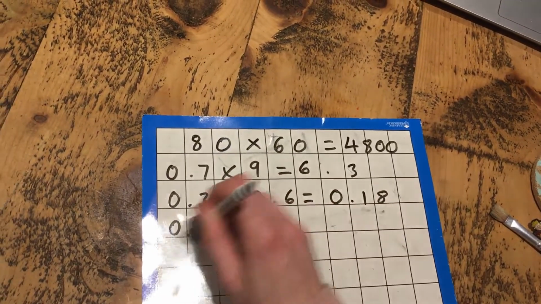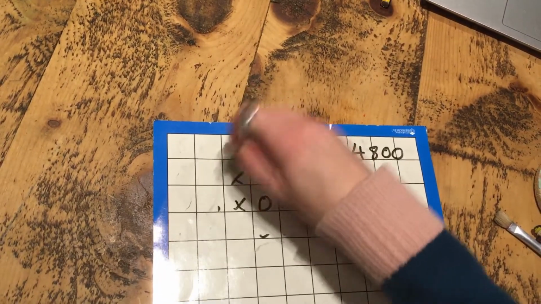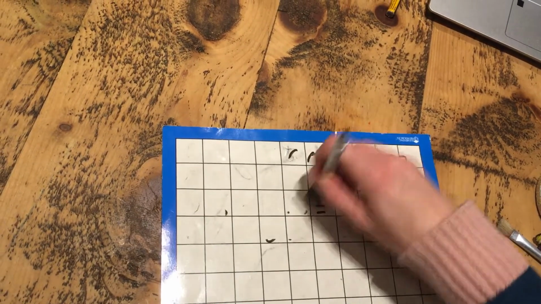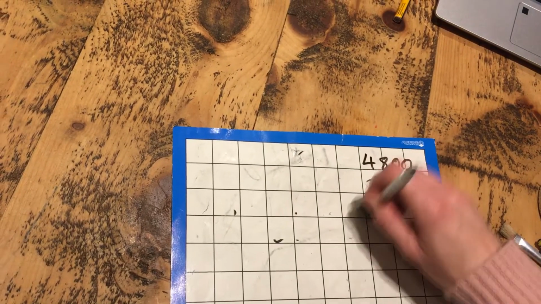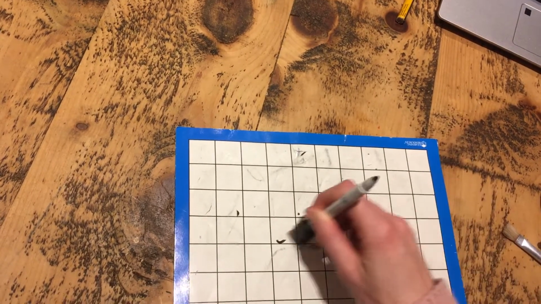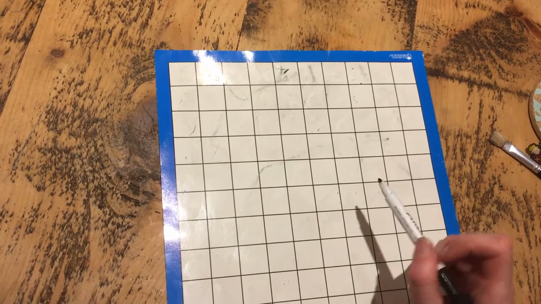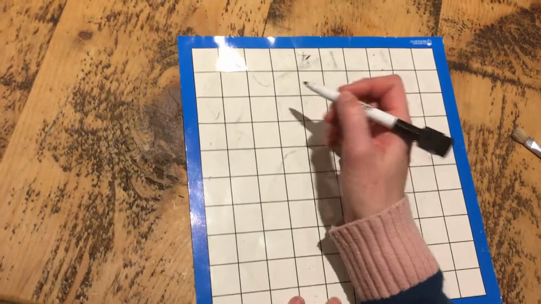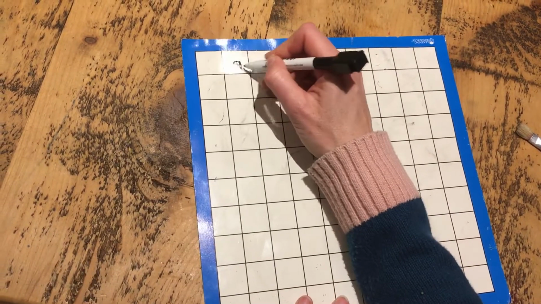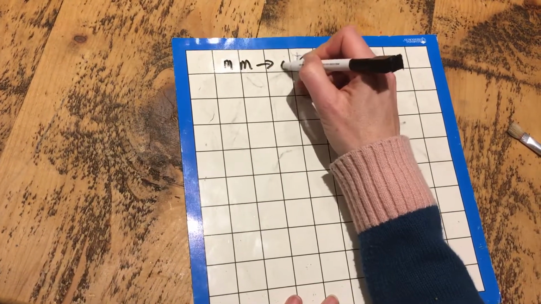Now moving on to conversion. We've looked at grams to kilograms, millilitres to litres, and yesterday we looked at centimetres to metres. Today we're going to be looking at millimetres to centimetres.